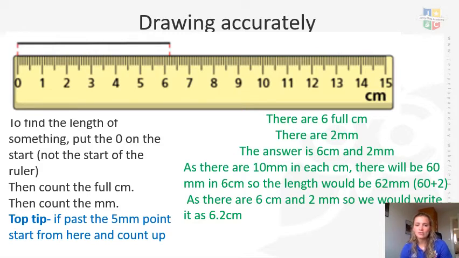Alternatively, we can also write it as 6.2, because the 6 represents the centimetres and the decimal point, and the 2 represents the number of millimetres. So there's 3 different ways. When you're answering these, to really challenge yourself, you could show it in centimetres and millimetres, you could show it in millimetres only, or you could do it in centimetres, where you'd need that decimal point to show.